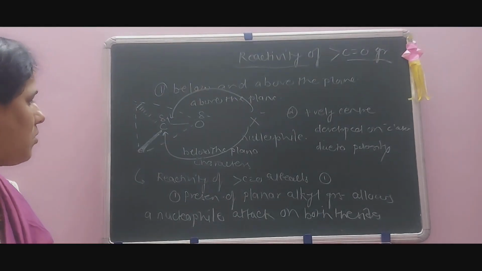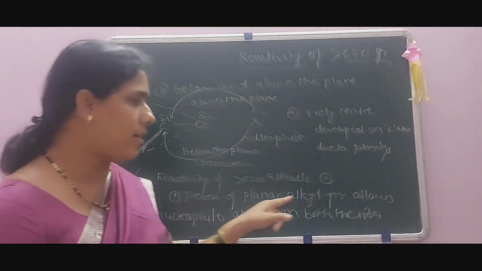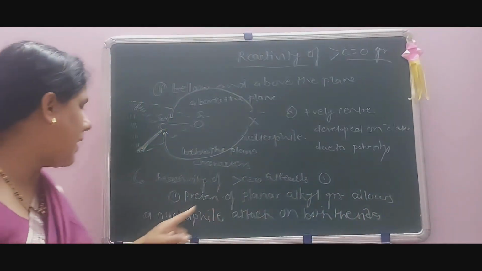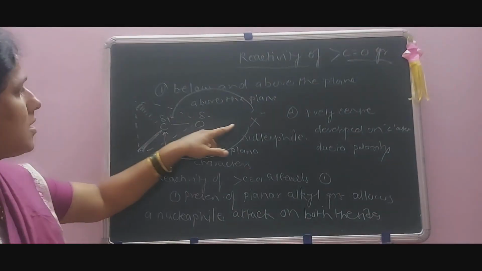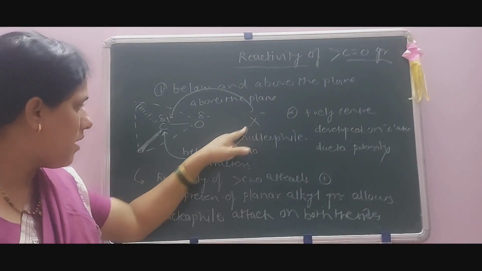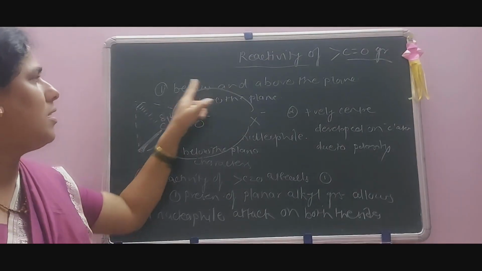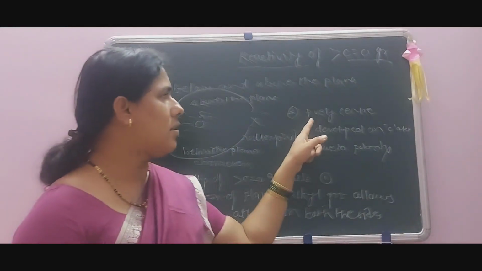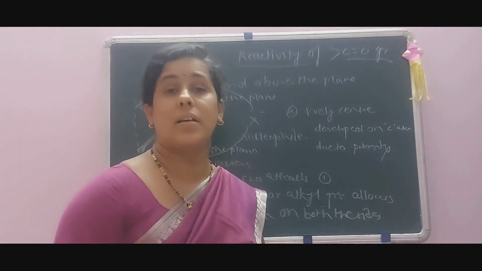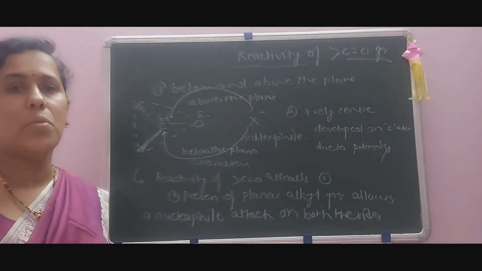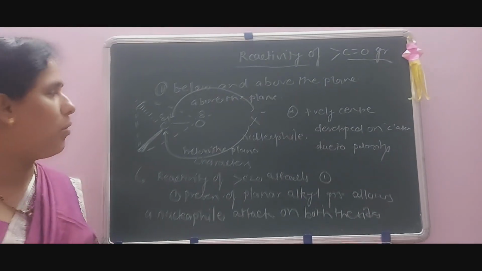Which are the two points? The presence of planar alkyl groups allows the attack of a nucleophile from both sides, below the plane or along the plane. And second, the positive center developed on the carbon atom makes it easy for the nucleophile to attack.